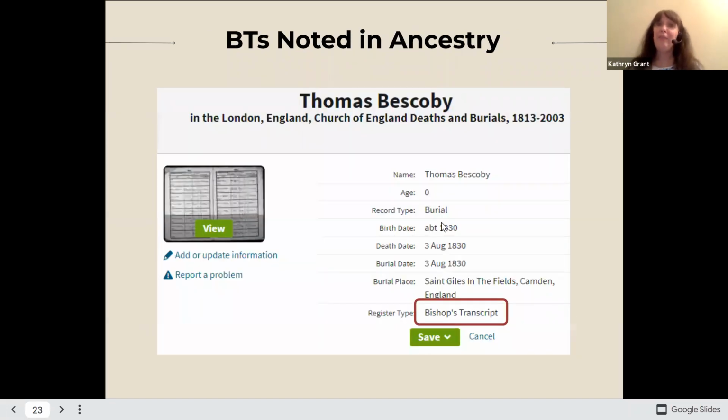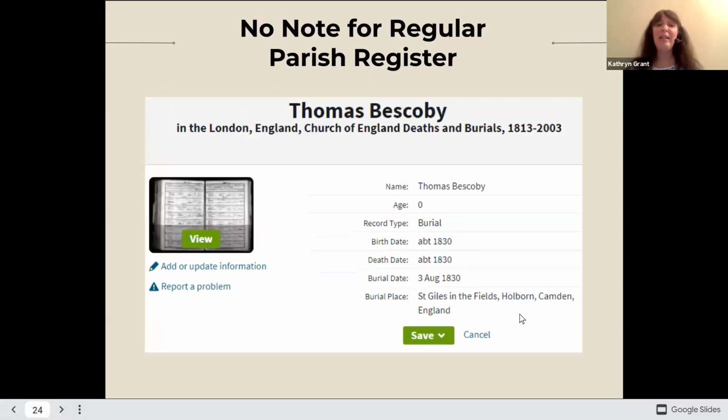How do you tell if you're looking at a bishop's transcript? Well, in Ancestry, they will tell you, which is very handy. They'll tell you that the register type is the bishop's transcript. What I've noticed is if it's not a bishop's transcript, they don't list the register type. So that's fine. If there's no register type listed, you're probably pretty safe. I mean, there are probably exceptions to everything, right?